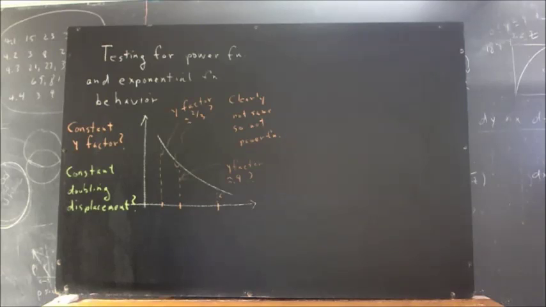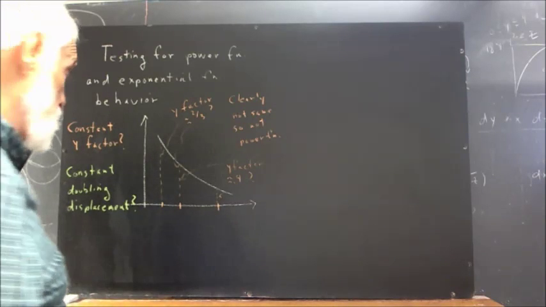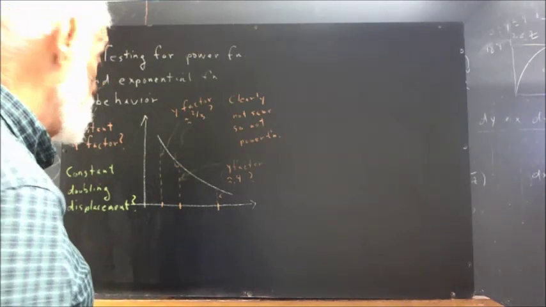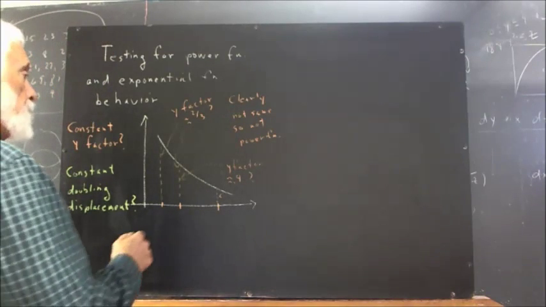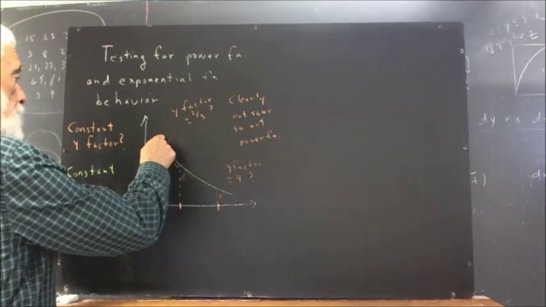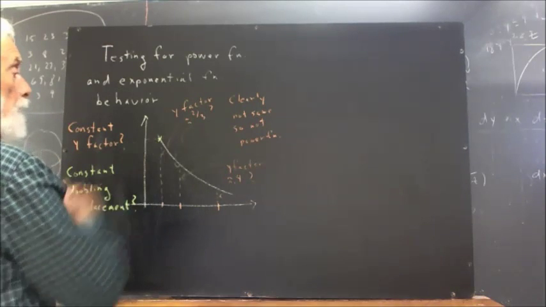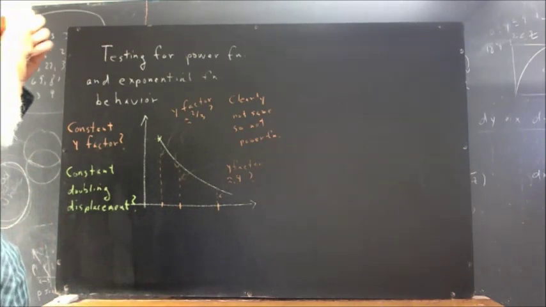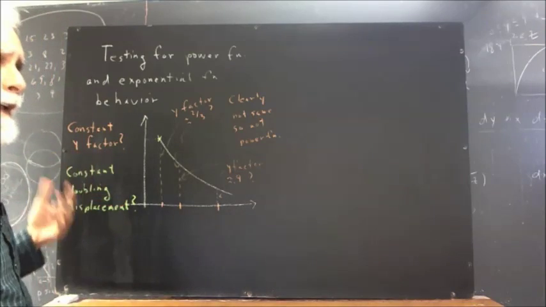Now, is it an exponential function? Well, we have to look at doubling displacements, and one way to look at that is simply we take a value at some point on the graph here, and we have a y value. Now we want to find a point where the y value doubles.